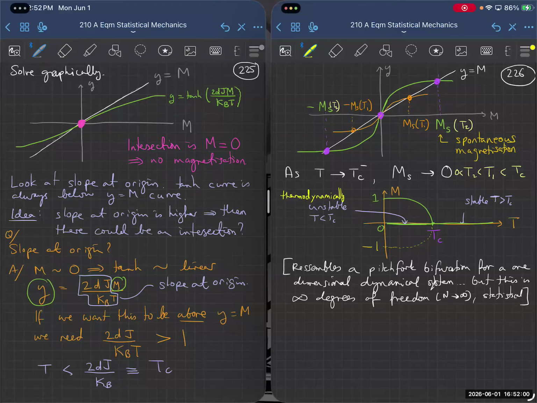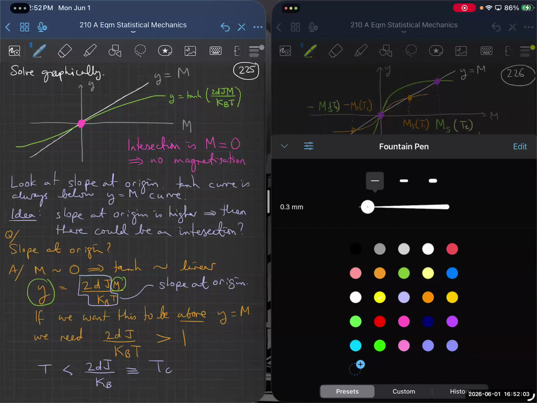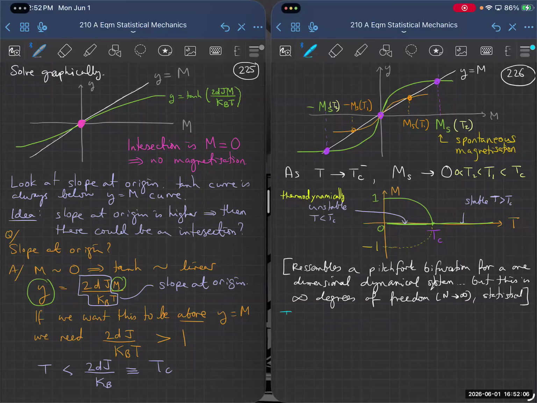Okay. So now, the other point I want to make is terminology. M is an example of an order parameter. So M is equal to 0 in the phase without order.